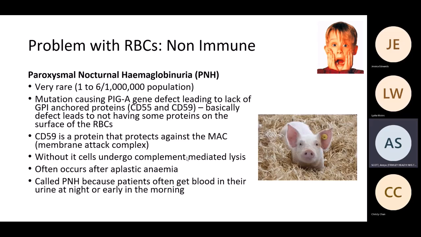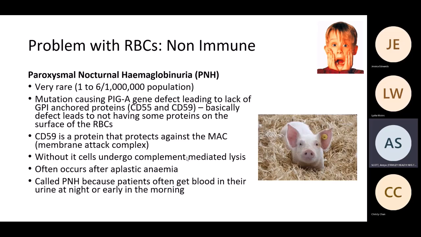And one of those proteins that ends up not being there is one that protects against this membrane attack complex. So if you don't have this on the surface of your cells, then your cells get broken down very easily. And it can sometimes occur after an aplastic anemia.